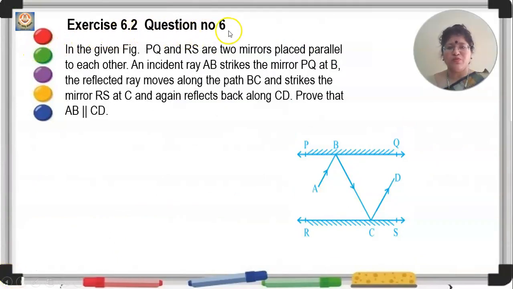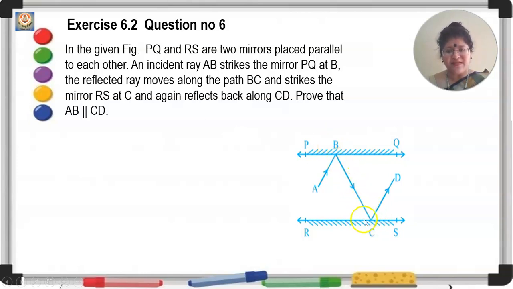Exercise 6.2, question number 6. I'm reading out the question. In the given figure, PQ and RS are two mirrors which are placed parallel to each other. An incident ray AB, there is a ray AB that strikes the mirror, and the mirror is PQ, and it strikes the mirror at point B. This incident ray is then reflected.